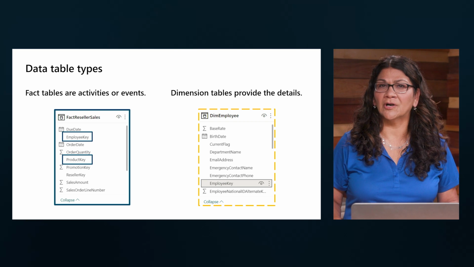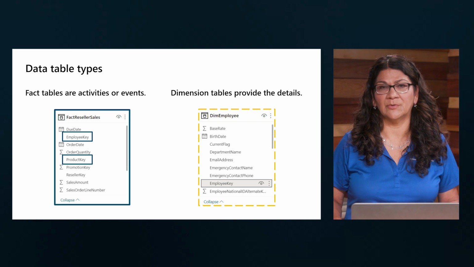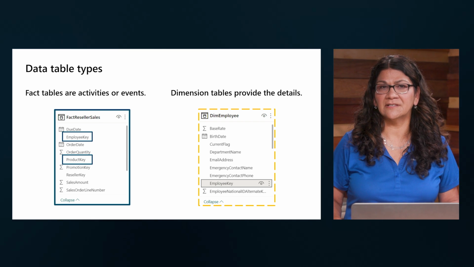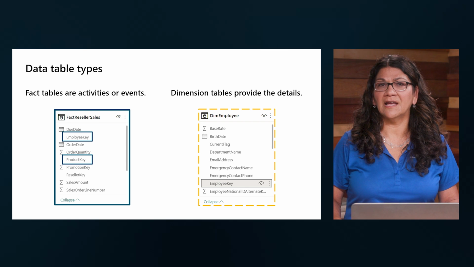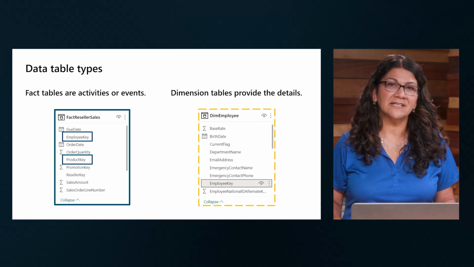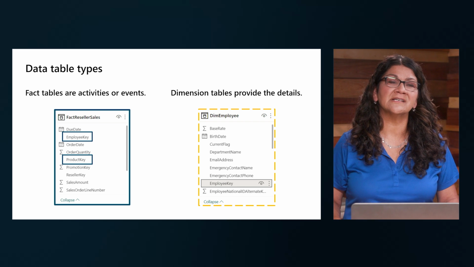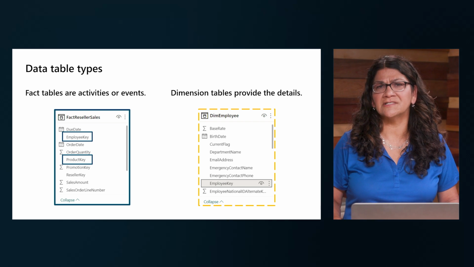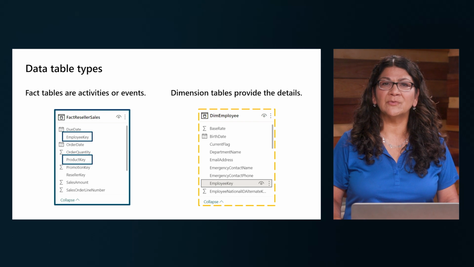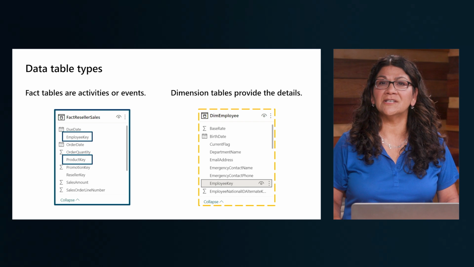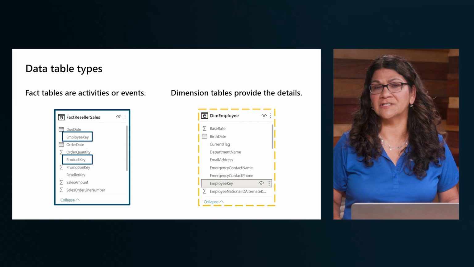Let's talk a bit more on our fact and dimension tables. On this slide, we see the fact table on the left, fact reseller sales, and the dimension table, dim employee, on the right. Fact tables contain activities, observations, or events such as sales orders, stock balances, transactions, etc. The fact table usually contains a very large number of rows and will continue to grow exponentially over time.